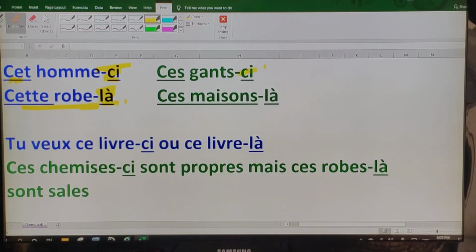And likewise for the plural forms, these gloves, those houses. So in a sentence, it says what? You want this book because I use -ci, or that book because -là. Then these shirts, because -ci is here, are clean, but those dresses because -là is used. I hope this was pretty simple to understand.